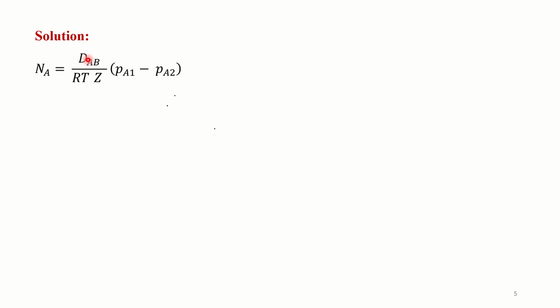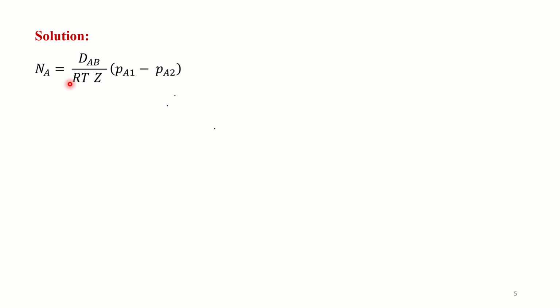So DAB diffusivity data, that is given, T temperature is given, Z that is also given. R value, as I mentioned in the previous problem, will not be given. You are supposed to remember R value. Depending on the R value, the other factors' units you can decide. So I am going to select R value as 0.08206 meter cube atmosphere per kilomole Kelvin.